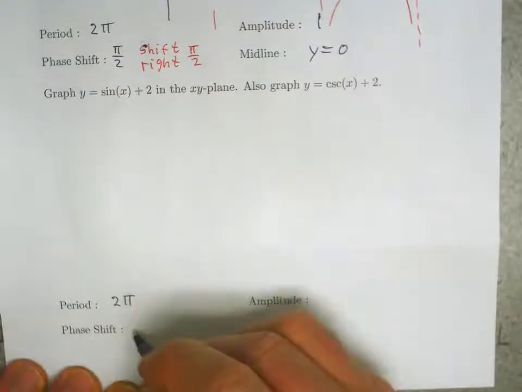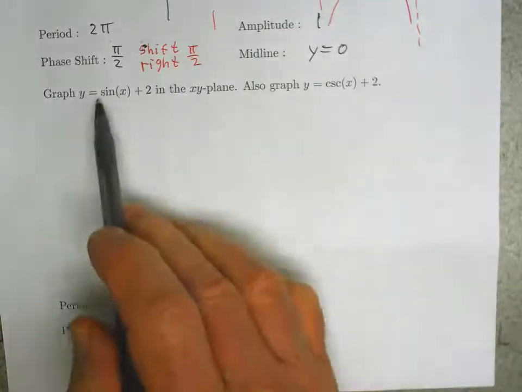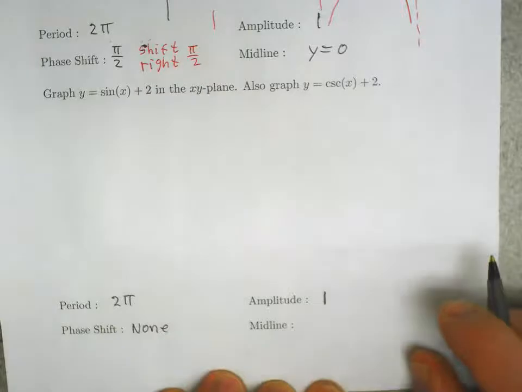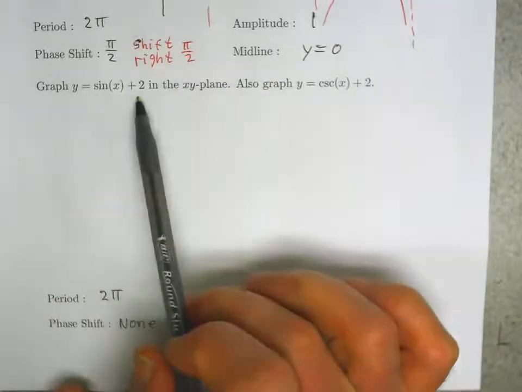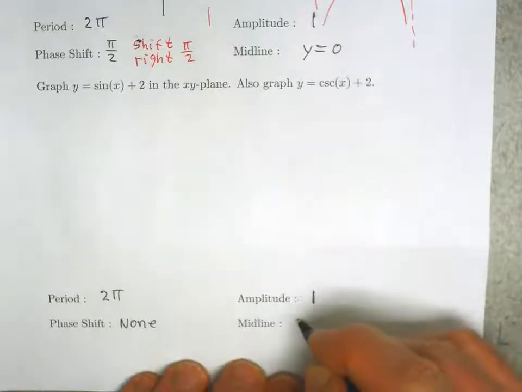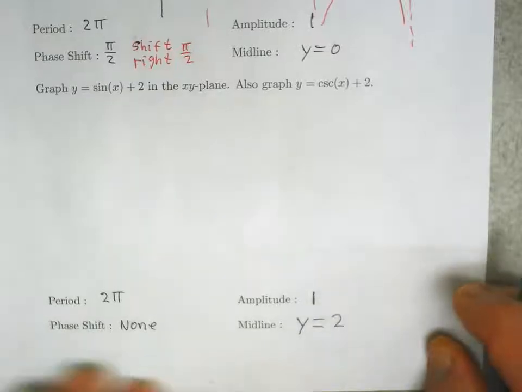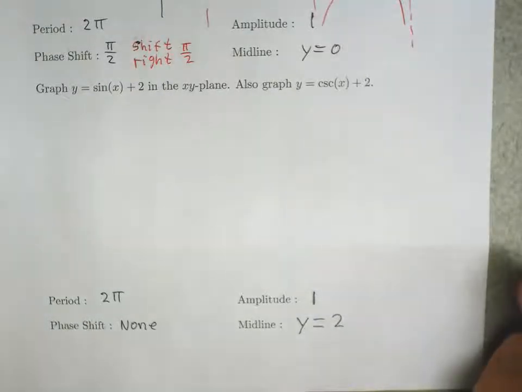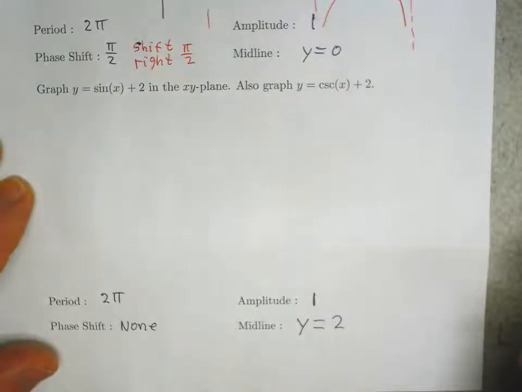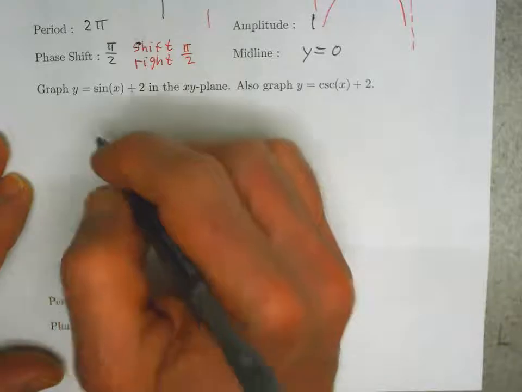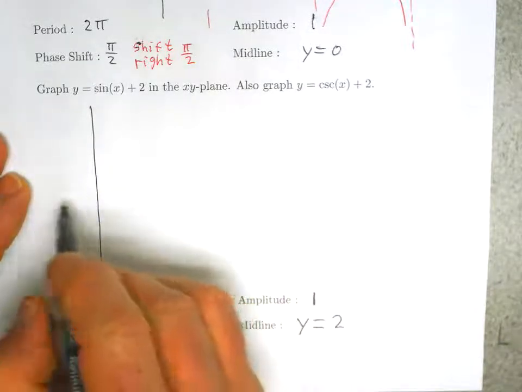There is no phase shift. The amplitude is 1. And this time, though, we have a vertical shift of 2 units. So the midline is the horizontal line y equals 2. Okay, so we'll just graph one period of this.